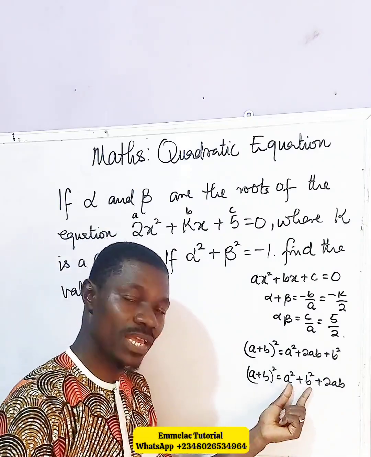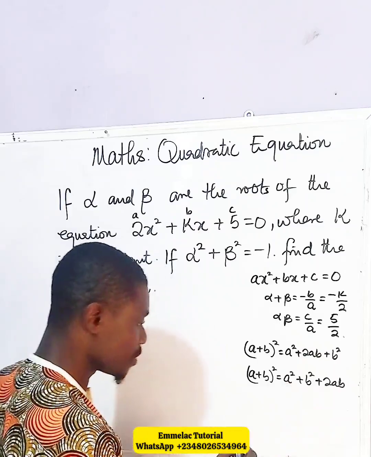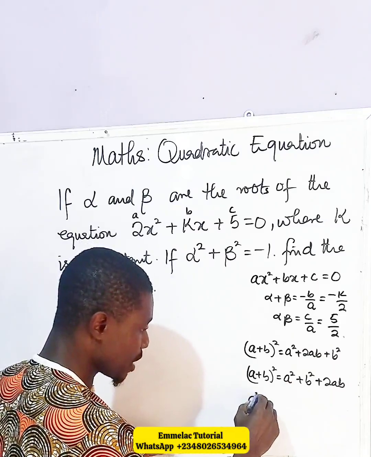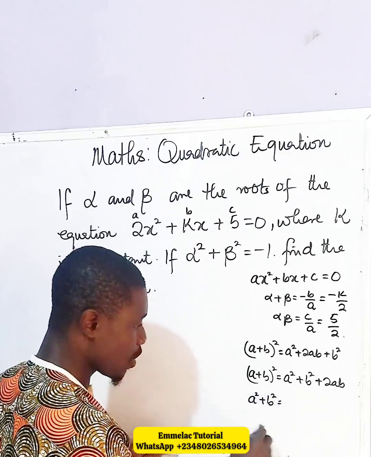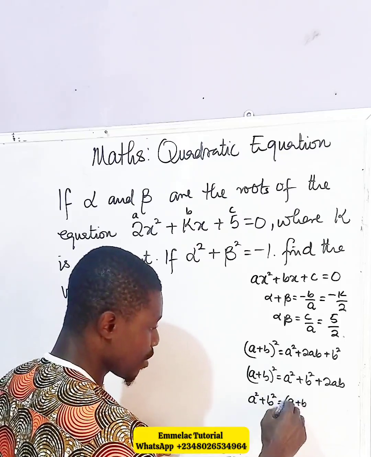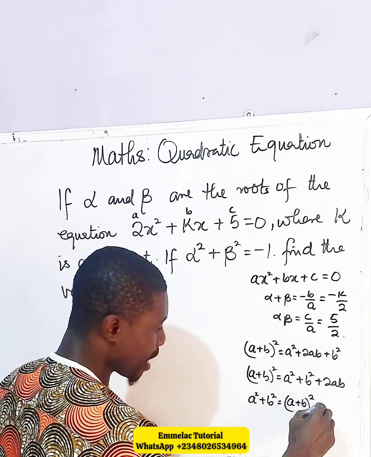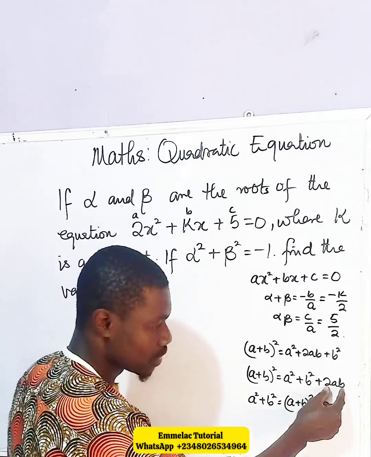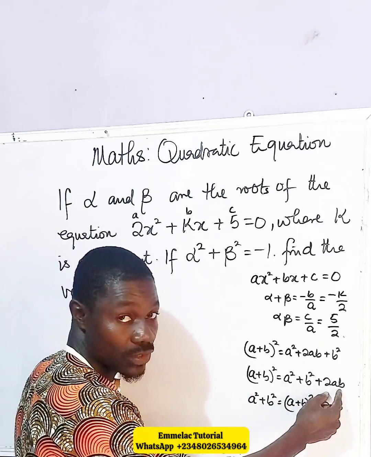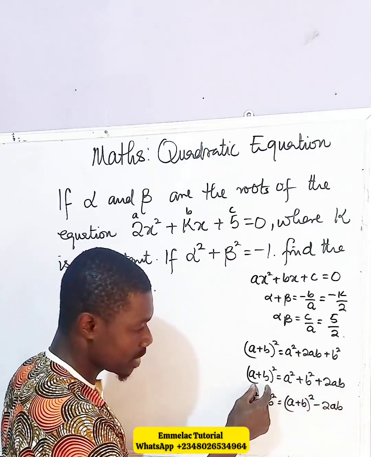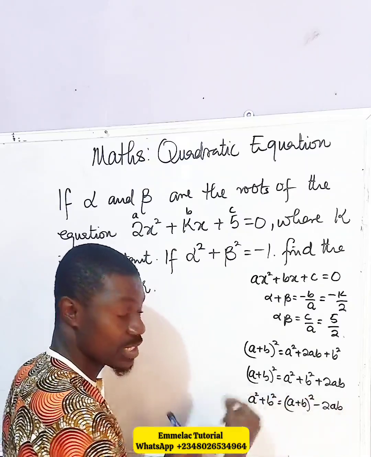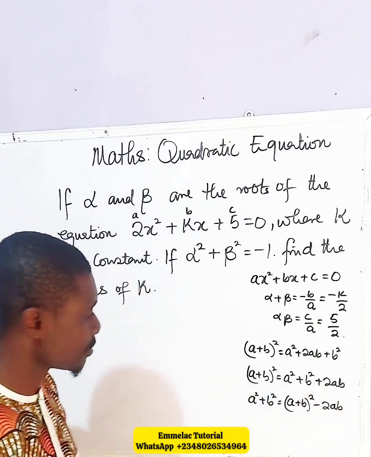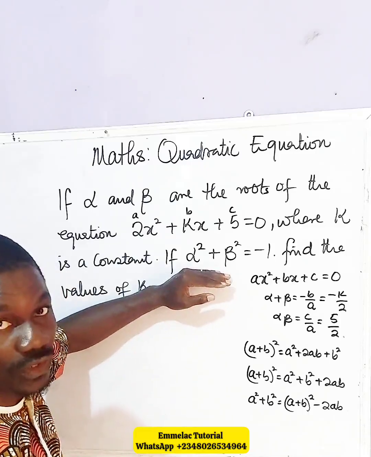Now what if we make a squared plus b squared the subject of the relation, arranging it appropriately? We can say a squared plus b squared equals a plus b all raised to the power of 2 minus 2ab. We subtract 2ab from the equation, which means the whole of this minus 2ab. Now if you swap it, here we have the final equation, which means we've gotten an expression for this.